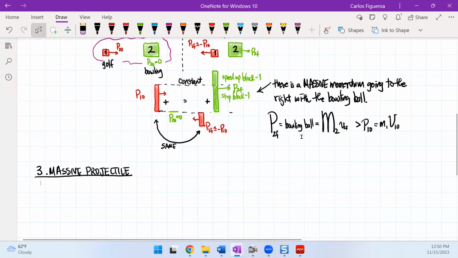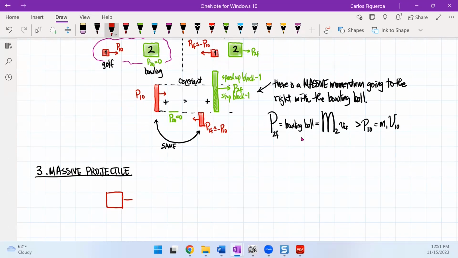In this situation, we imagine we're taking a big block, a bowling ball, and we're going to throw it with some momentum going inwards like this. And then we have a stationary target, which is at rest.